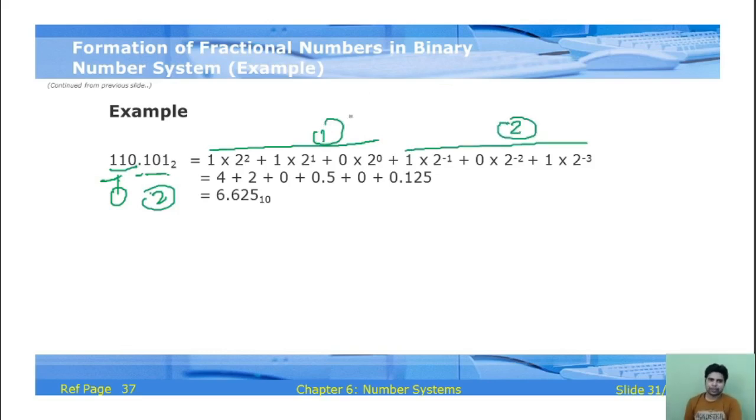Clear? In the first part, 2 to the power 0 times 0, that is the first digit, second digit 2 to the power 1, and third digit 2 to the power 2.